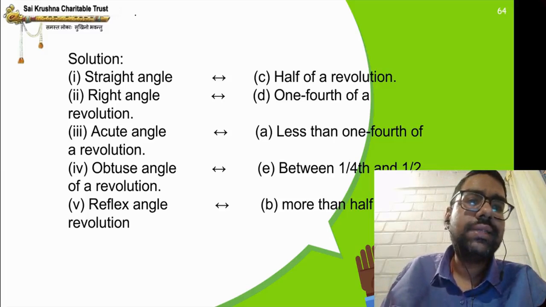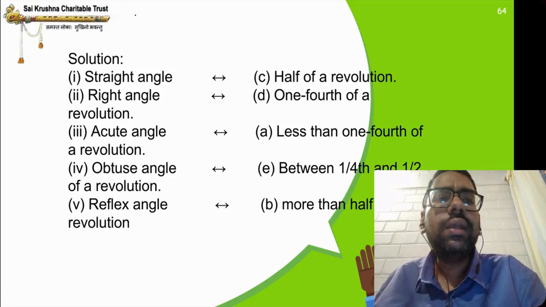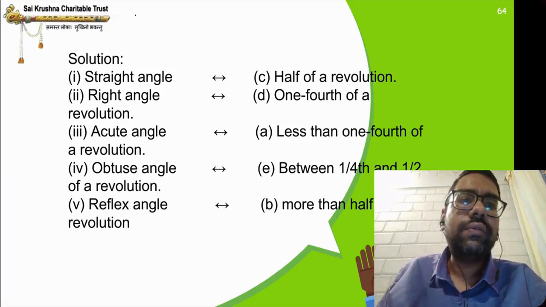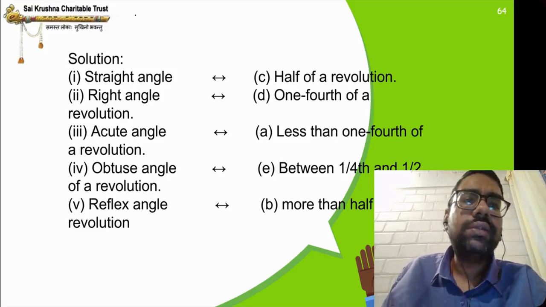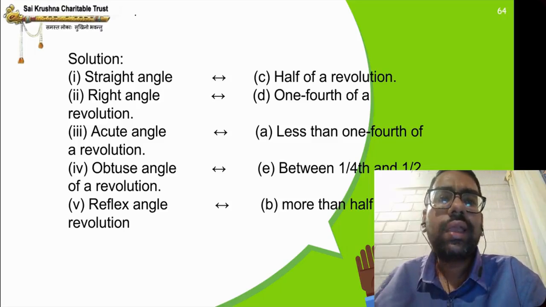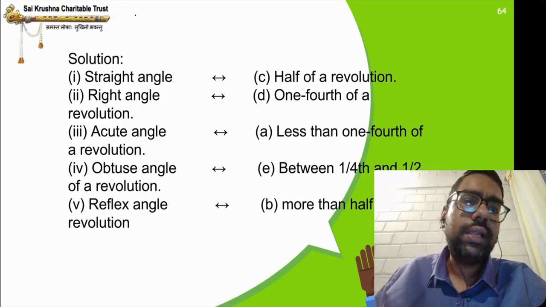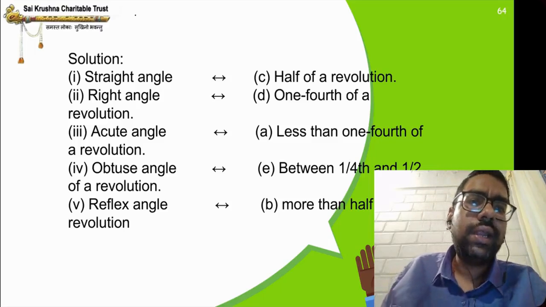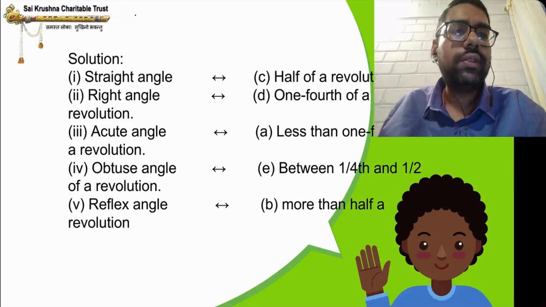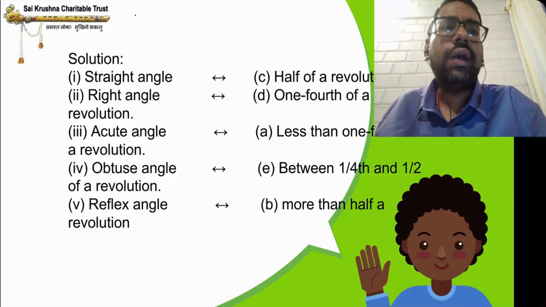Acute angle, less than 1/4 of a revolution. When an angle formed is less than 90 degrees, it is called an acute angle, or less than 1/4 of a revolution. 1/4 revolution is 90 degrees. Therefore, less than 1/4 of a revolution is called an acute angle. An obtuse angle is greater than 90 degrees and less than 180 degrees, between 1/4 and half a revolution.